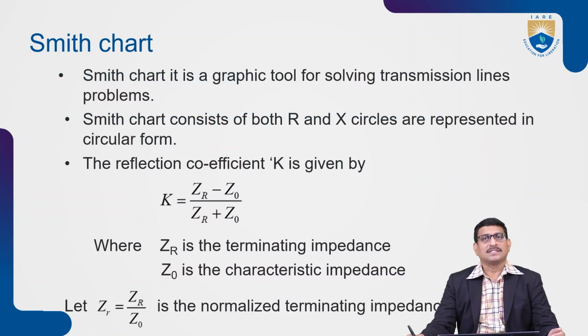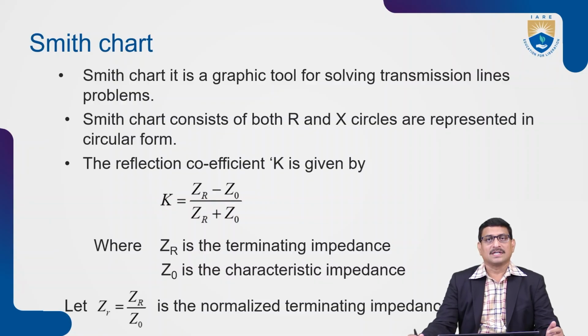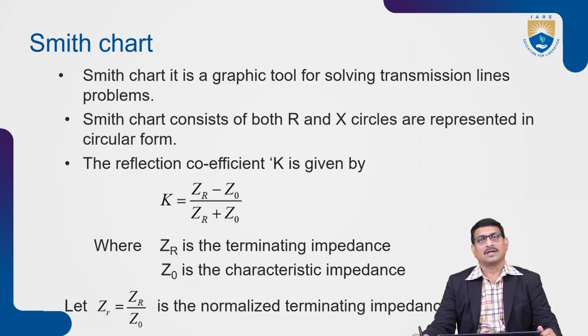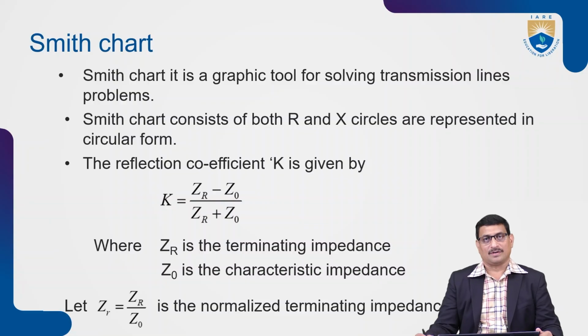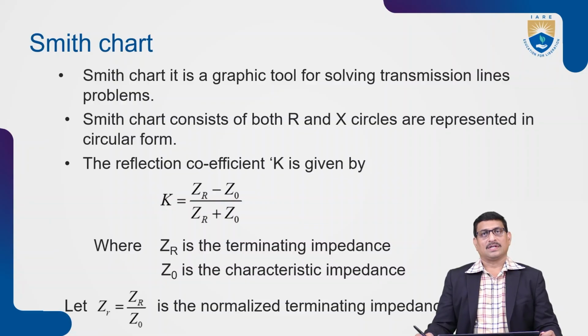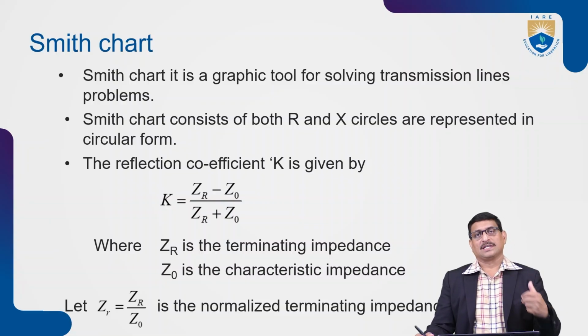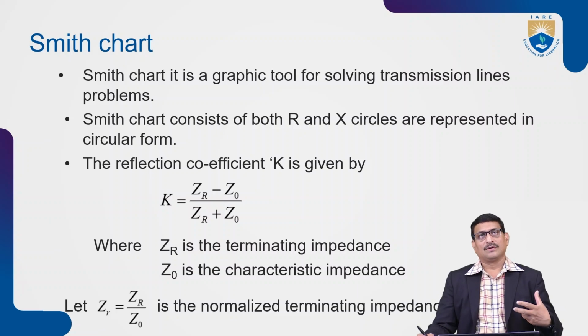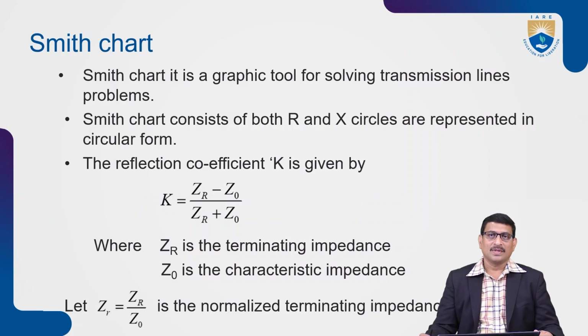The Smith chart is a graphic tool to solve problems in transmission lines, and it consists of the R circles and the X circles. The Smith chart is the intersection of both the R circles and the X circles, which are represented in circular form. We know that the reflection coefficient is defined as the ratio of reflected voltage to incident voltage, and it is a complex constant.